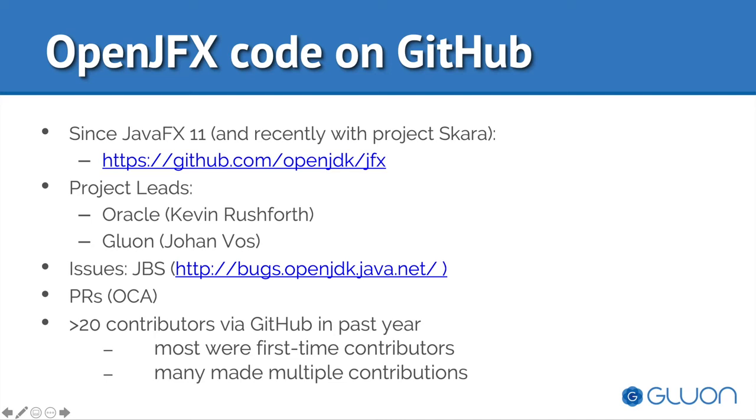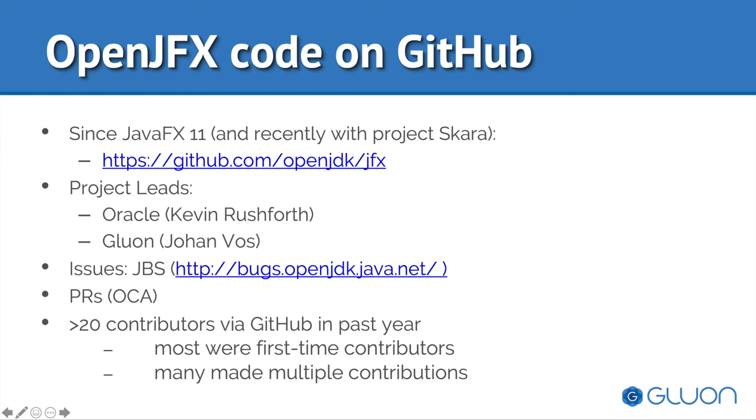is being discussed, and every pull request that is being merged into the OpenJFX repository is linked to a JBS issue. As a consequence, if you want to understand why things are the way they are, you can simply look at when this commit was committed, or what pull request it belonged to, and then what JBS issue it belonged to.